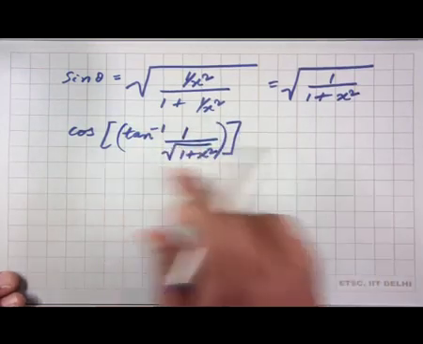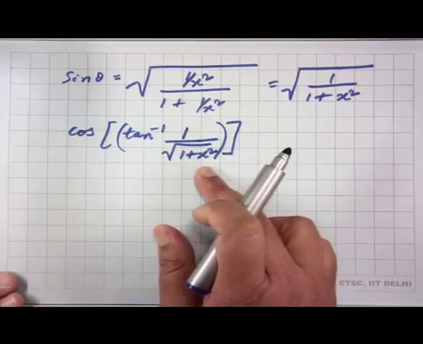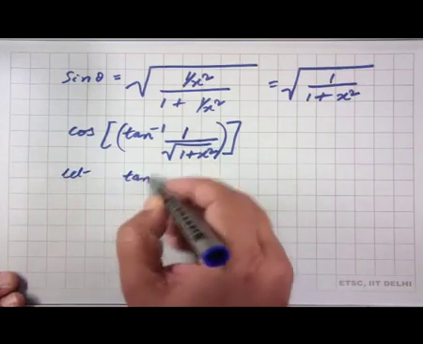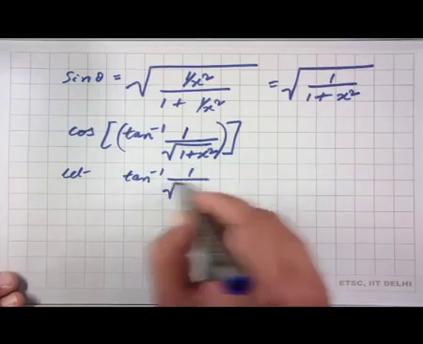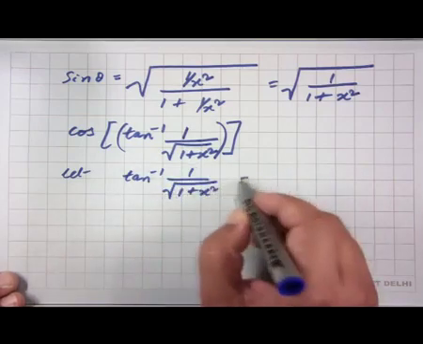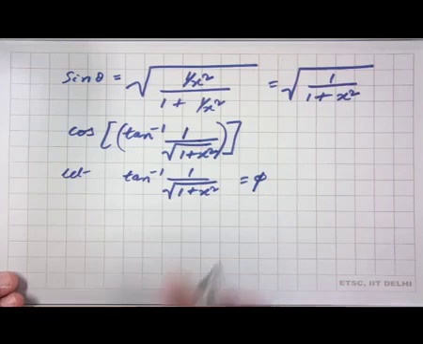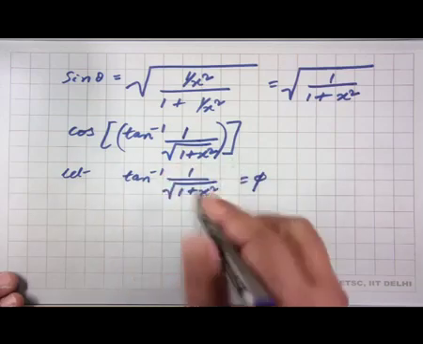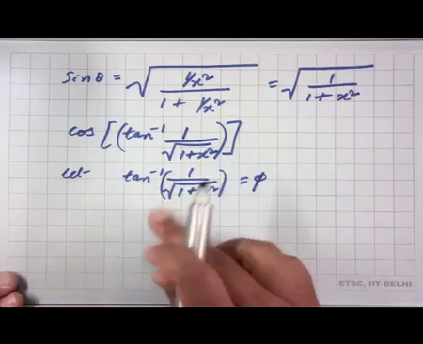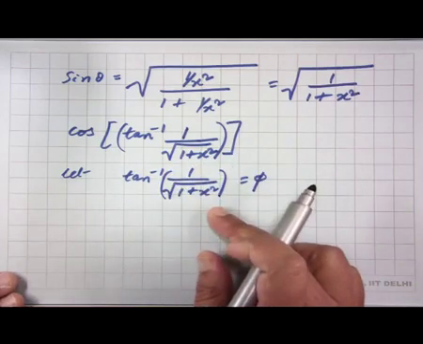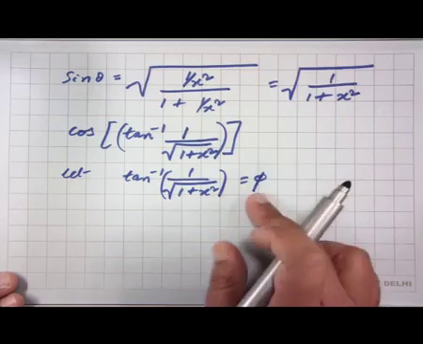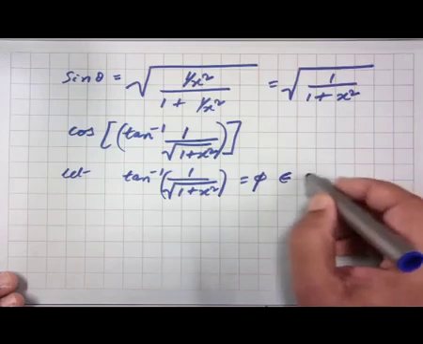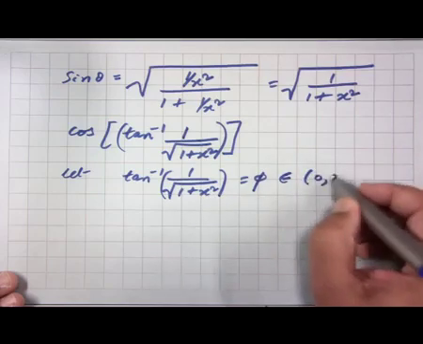and then again we say let this particular value be equal to phi. So, let tan inverse of 1 over square root of 1 plus x square equal phi. Now, since this is the positive square root, this entire value here is non-negative, and therefore phi must belong to the interval 0 to pi by 2.